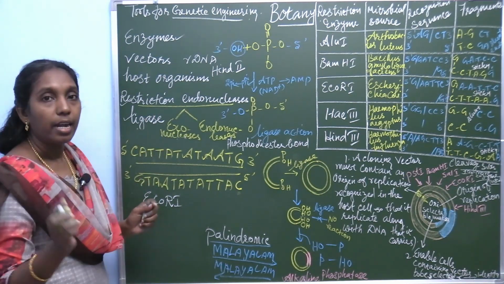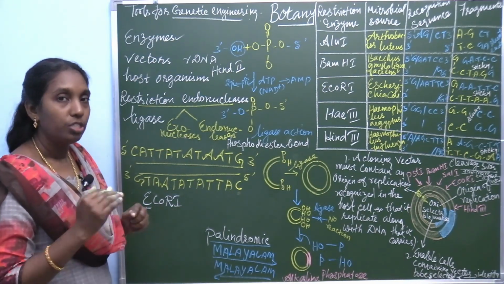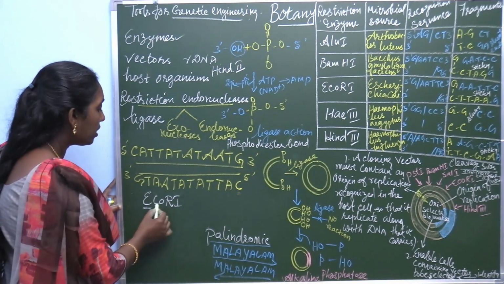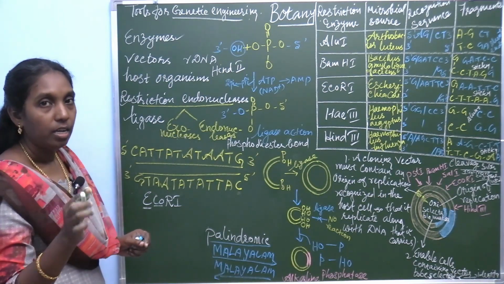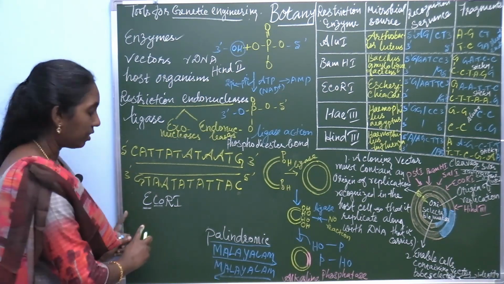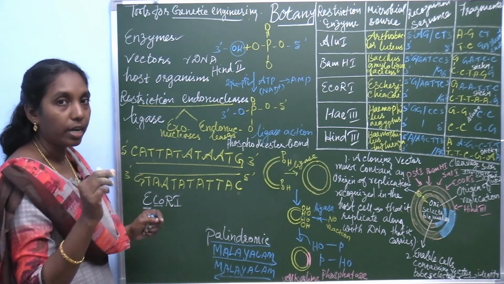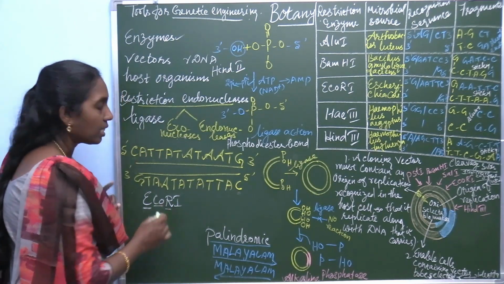So the first letter is derived from the genus name, Escherichia, followed by two letters from the species name, coli, and this R is the strain.